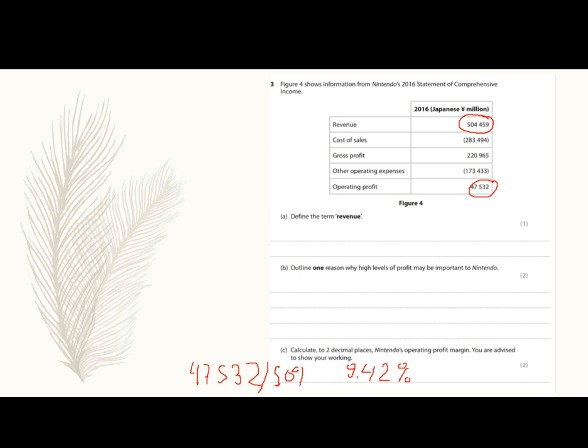Sorry for my handwriting. So it's very important to show your working, and it's very important to keep your answer to 2 decimal places, 1, 2, and to remember that this is percent.